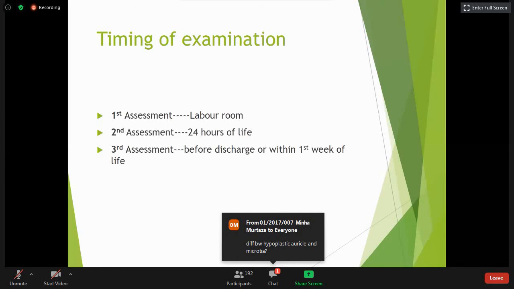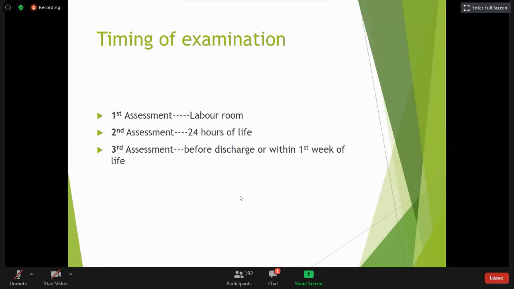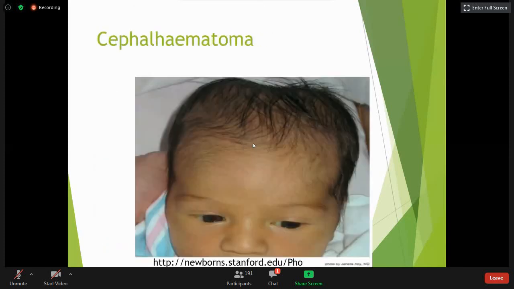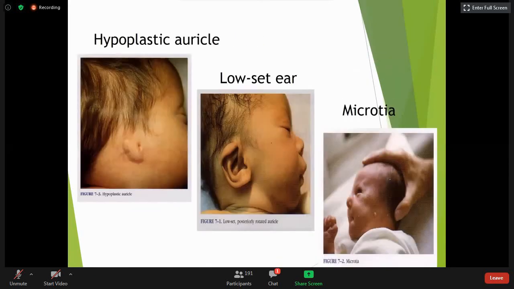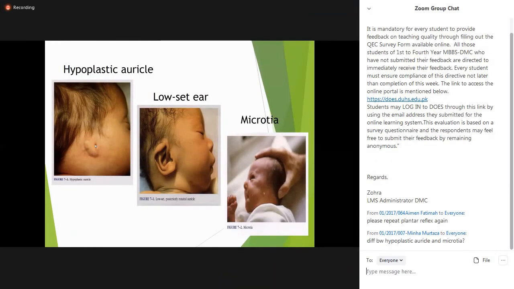Difference between hypoplastic auricle and microtia. Let me tell you, you might see the picture. Now, this is a hypoplastic auricle. You can see here that the meatal canal is there and the auricle is also present, but it's hypoplastic.